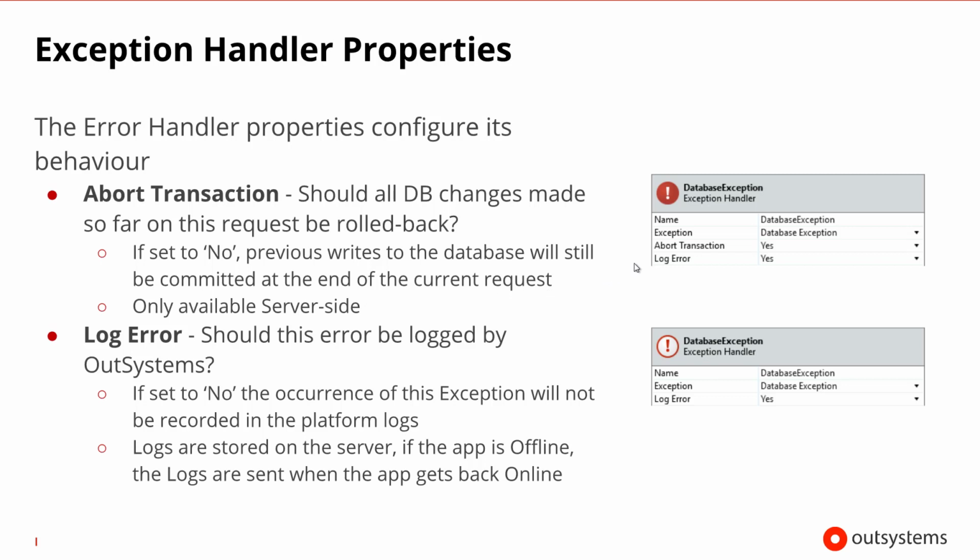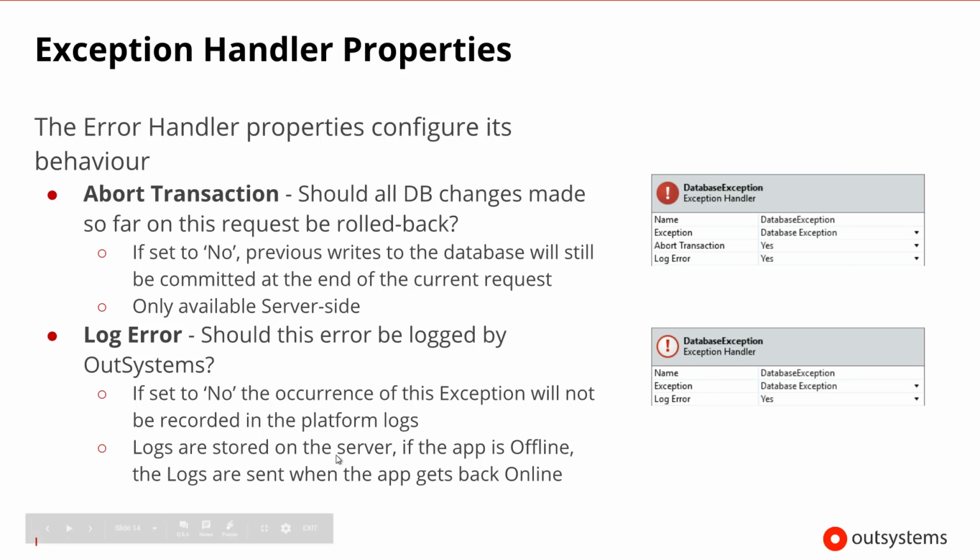Now in both database exceptions and other types of exceptions, we also have this property called log error. So when different types of exceptions occur, should this error be logged by OutSystems to the logs? If this is set to no, then it won't be recorded inside of the platform logs, and if it's set to yes, then it will.